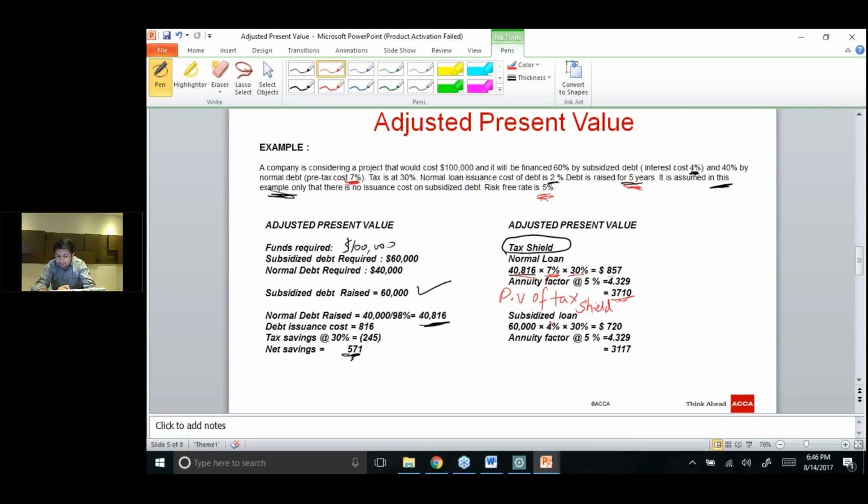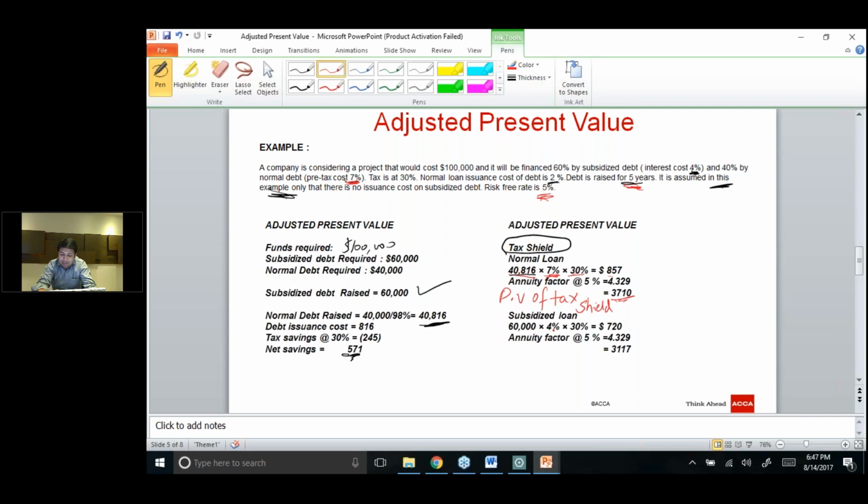Of tax shield. It is the present value of tax shield. In subsidized debt, funds required were $60,000, and there is an interest cost of 4% on it. Tax rate is 30%.